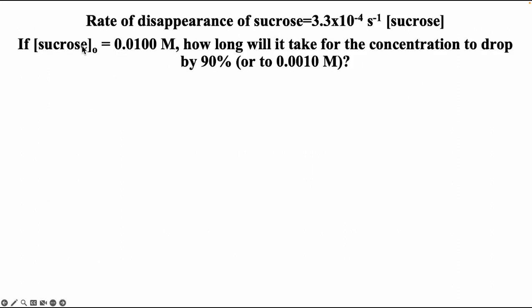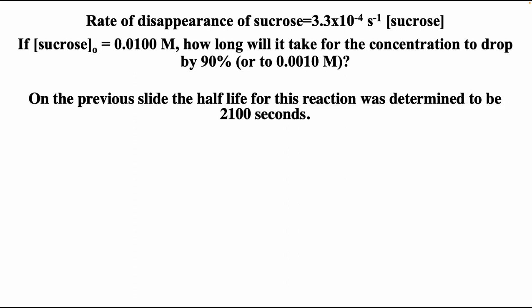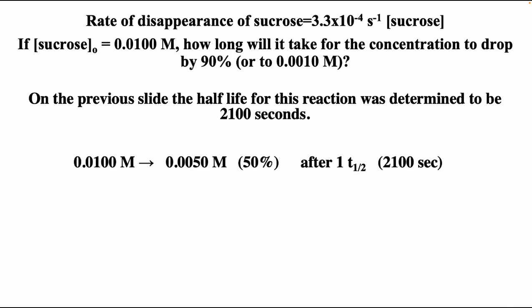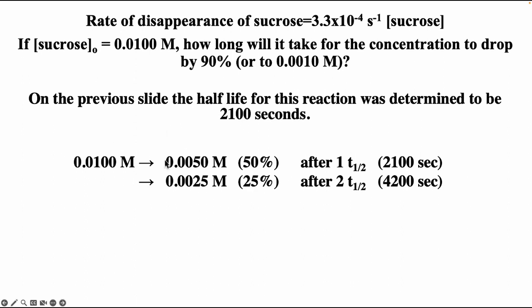And so if sucrose initial concentration is 0.01, how long will it take for the concentration to drop by 90% or to 0.001? And so there's a couple ways of thinking about it. We found that the half-life was 2,100 seconds. So after one half-life, you'll go from 0.01 to 0.005. After another half-life, you'll go to 0.0025.